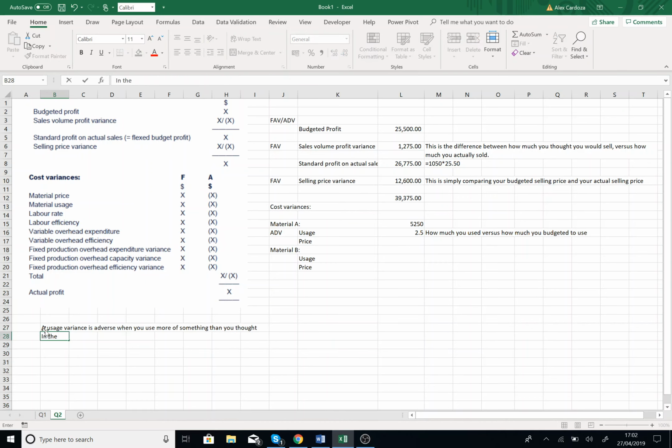In the example of material A, you thought you'd use 5,250, i.e. 5 kilos per unit, and you made 1,050, 5 times.